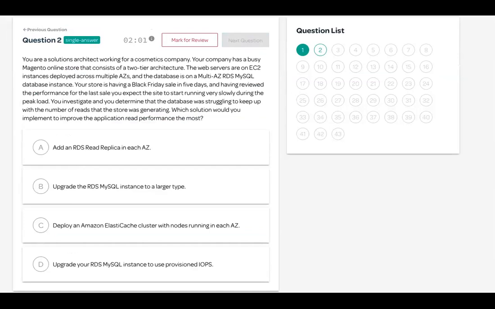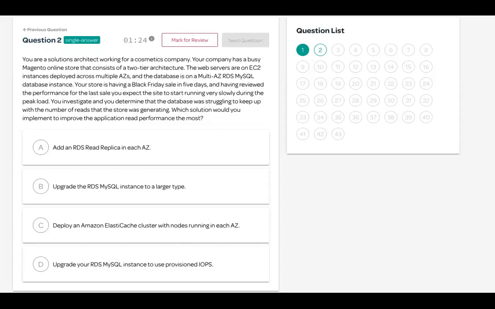Second question: you're a solution architect working for a cosmetic company. Your company has a busy Magento online store that consists of a two-tier architecture. The web servers are on EC2 instances deployed across multiple availability zones, and the database is on a multi-AZ RDS MySQL database instance. Your store is having a Black Friday sale in 5 days, and having reviewed the performance from the last sale, you expect the site to start running very slowly during the peak load.